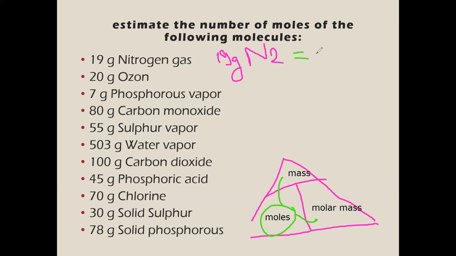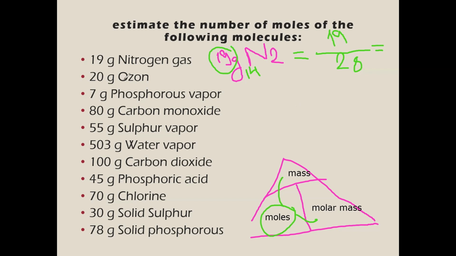The number of moles equals the mass, which is 19, divided by the molar mass of nitrogen. The atomic mass of nitrogen is 14. So the molar mass is 2 because we have 2 nitrogens, times 14, which is 28. Make this simple calculation and you will get how many moles. It will be a fraction.